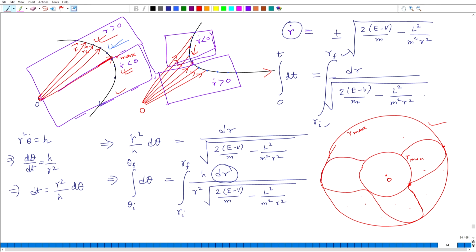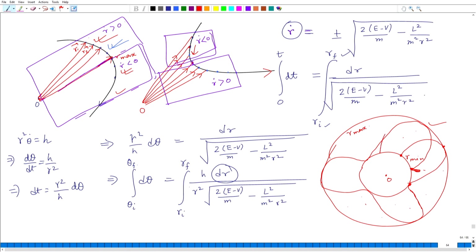Now, you see that even after some finite time, there is always a possibility that the particle is moving like this, but when it goes like this, it goes to this, for example, and it is not getting back to its initial position. So, although the particle is moving in a bounded region, it is not moving in a closed trajectory.